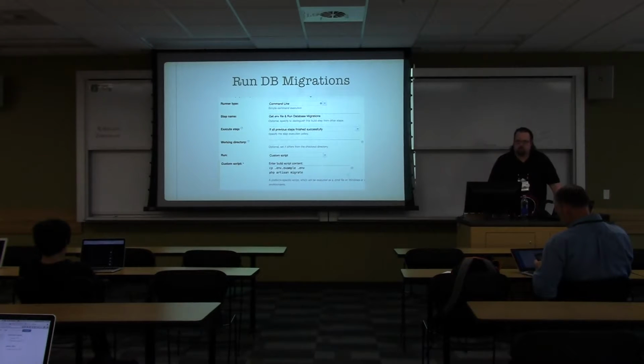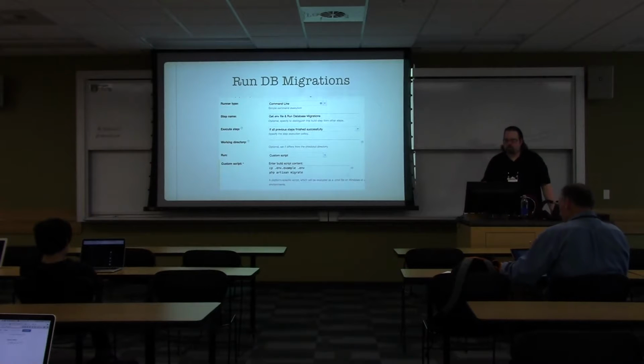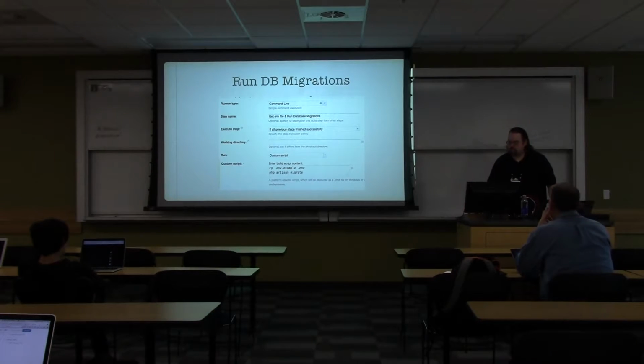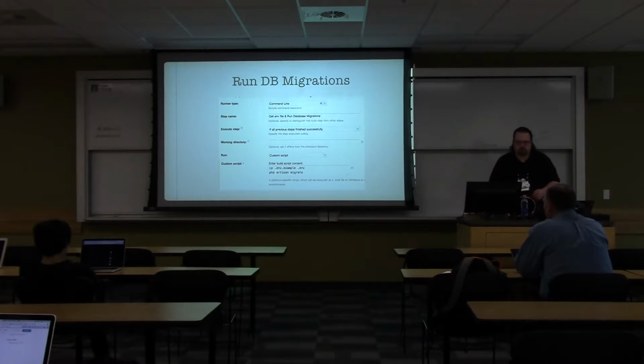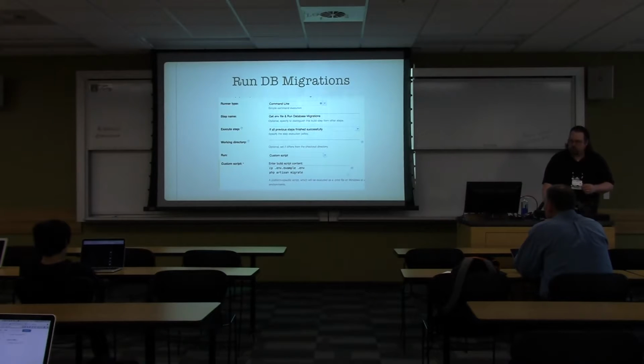Since we have this environment variable that we need for our Laravel application, to tell it what our database settings are and that we want it in a specific environment, we want to tell TeamCity to copy over our environment example file into the .env where Laravel expects it to be. That way we can have a testing environment set up for our entire application, just like you would for production or local development. And then we'll do php artisan migrate, which just runs all of the Laravel migrations.